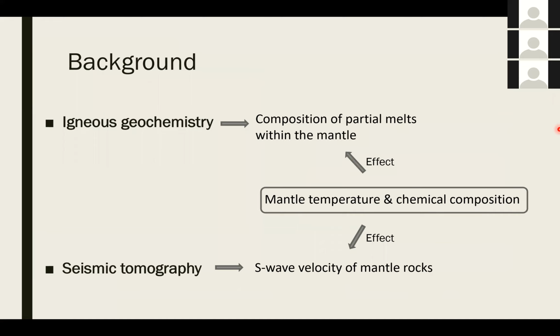There are 2 well-established ways to investigate the thermochemical state of the mantle, which are igneous geochemistry and seismic tomography. But the important difficulty is that the composition of the partial melts within the mantle and the shear wave velocity of mantle rocks are both sensitive to the combined effects of temperature and chemical composition.